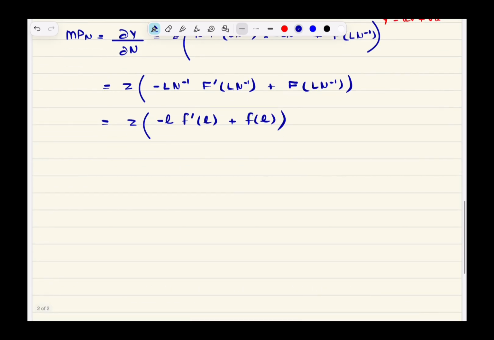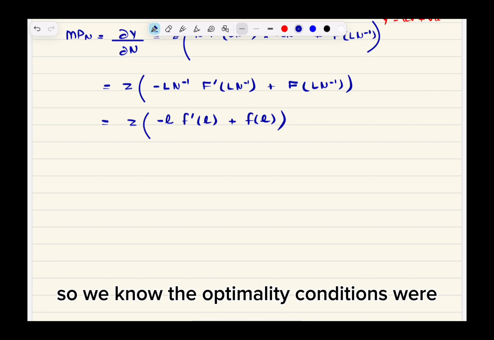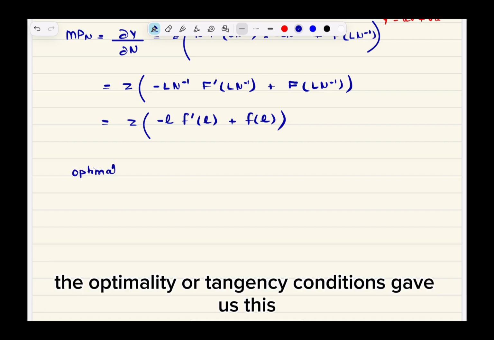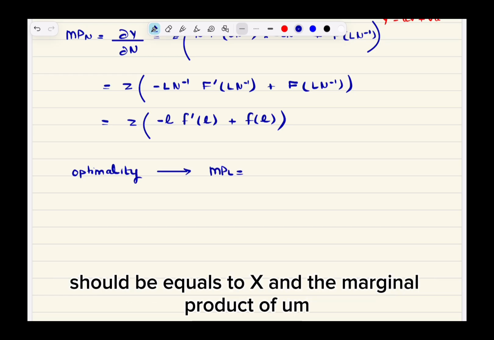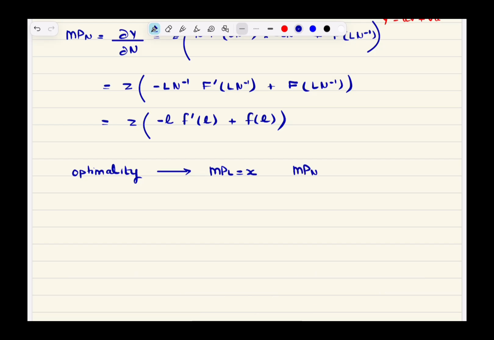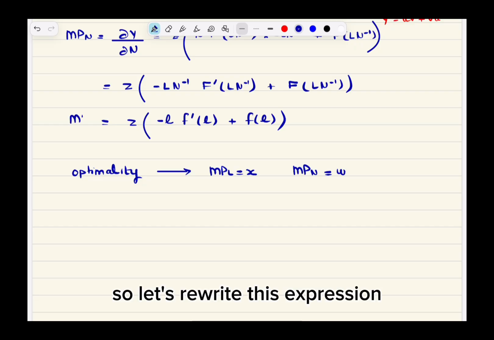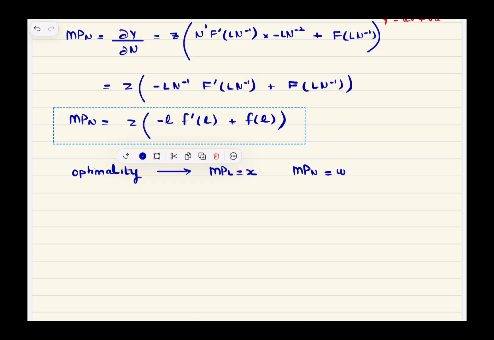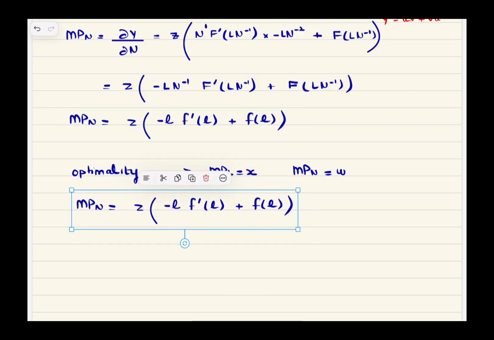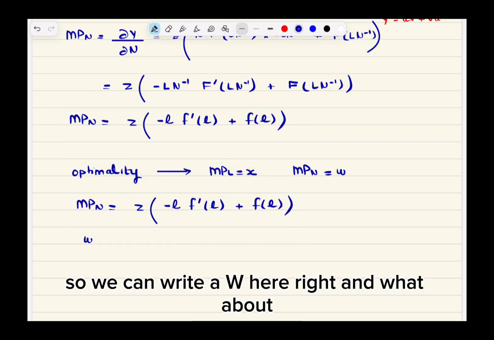We know the optimality or tangency conditions gave us this: the marginal product of land should be equal to x, and the marginal product of labor should be equal to w. So let's rewrite this expression and put the optimal conditions here. We can write a w here.